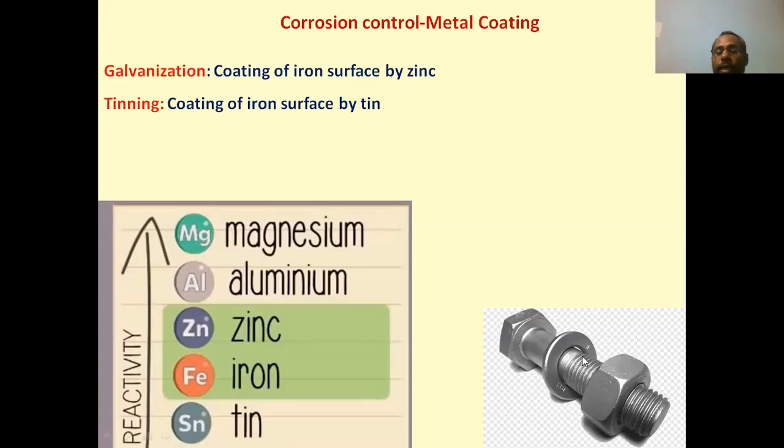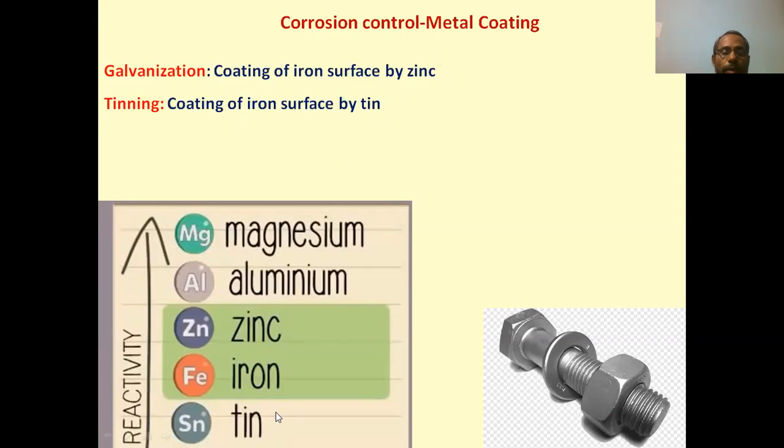This is one example here, galvanization, where iron is coated with zinc. If you look into this, only a few metals have been shown here in the reactivity series. Reactivity increases in this way, that means magnesium is the most reactive among all these, and tin is the least reactive.